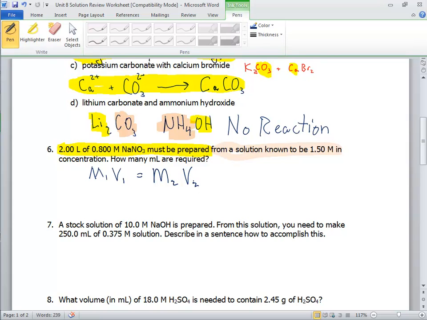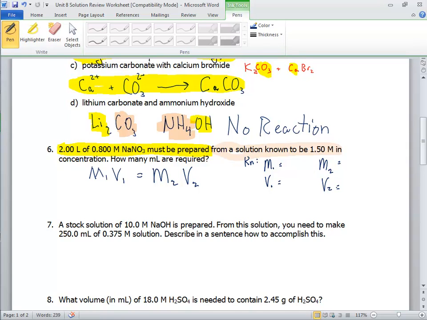Now, you are going to, of course, want to start listing the things you know. You want to get this organized. You want to get M1 and V1 and M2 and V2 carefully identified. If you don't have them identified, you may not be able to work the problem correctly.